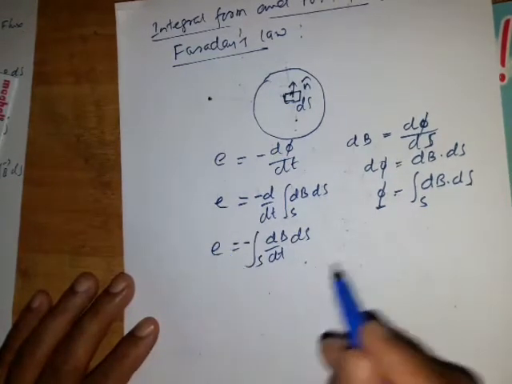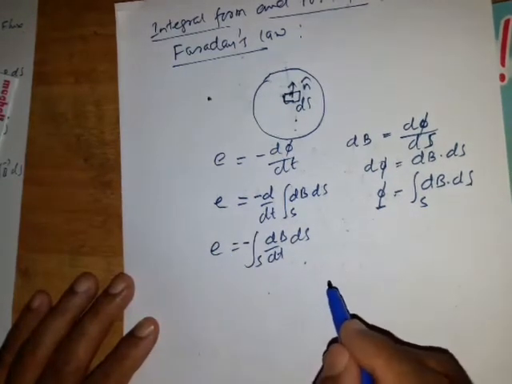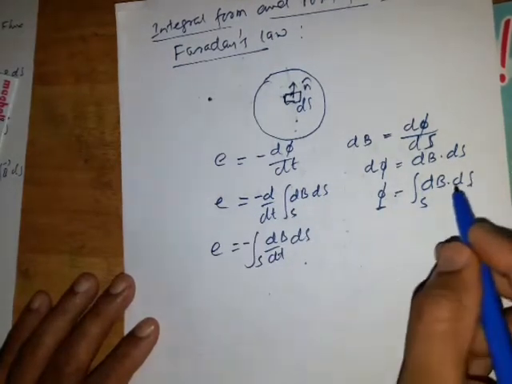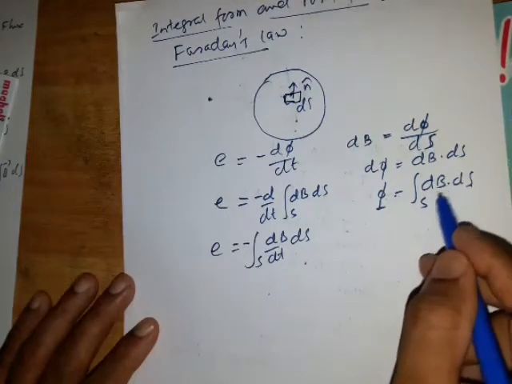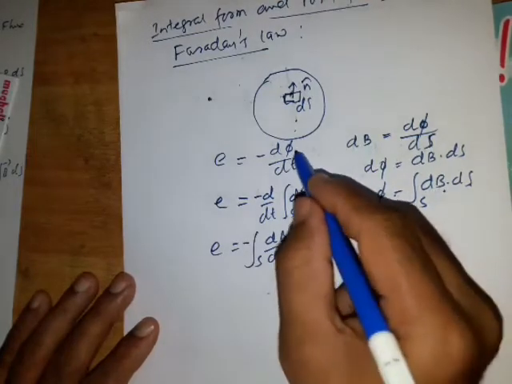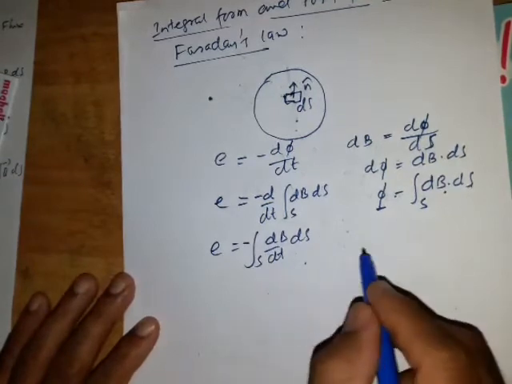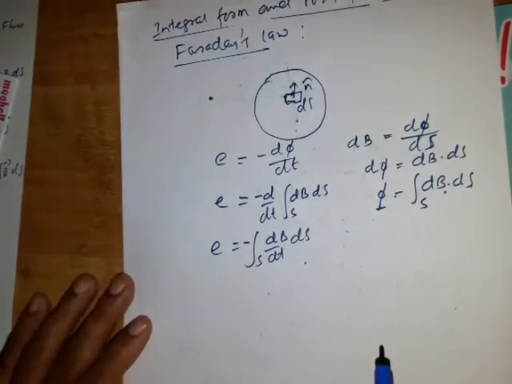This is just for your understanding, to relate the magnetic field and phi. So this is the equation which you can understand.